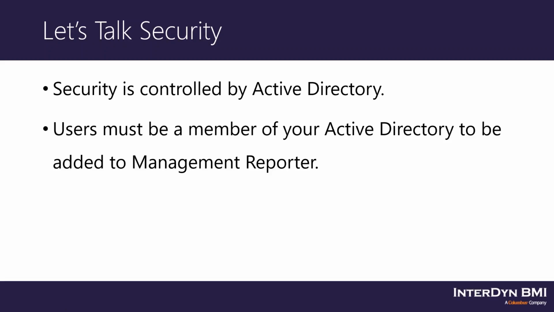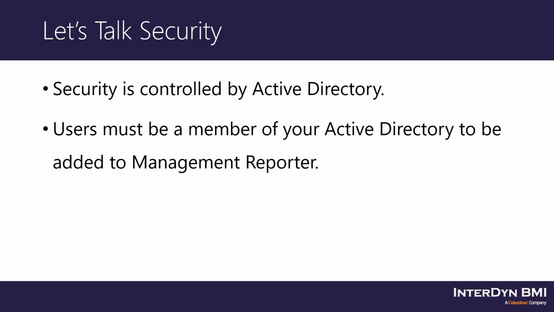So when we start talking about distribution and sending these reports to your end users, if you want them to be able to view any of these reports online, they would need to be a member of your Active Directory.